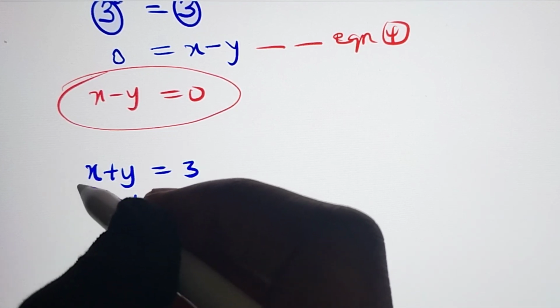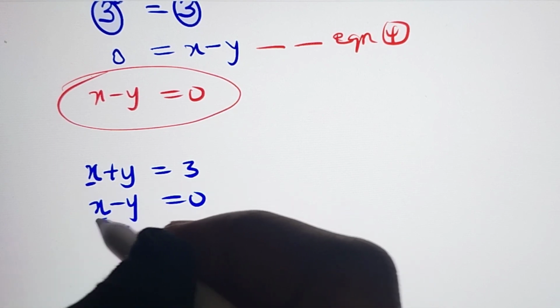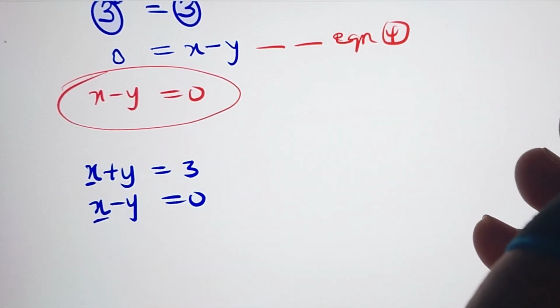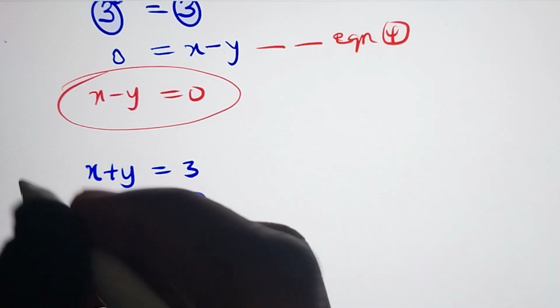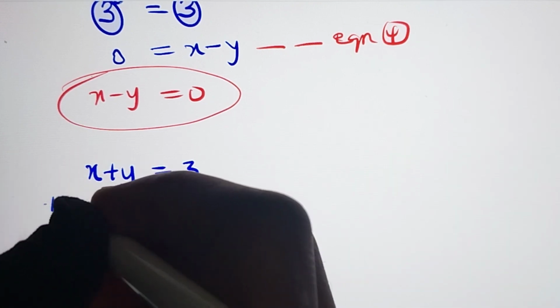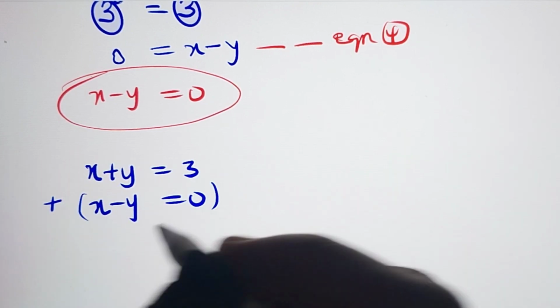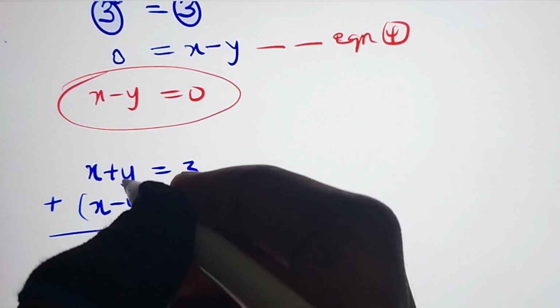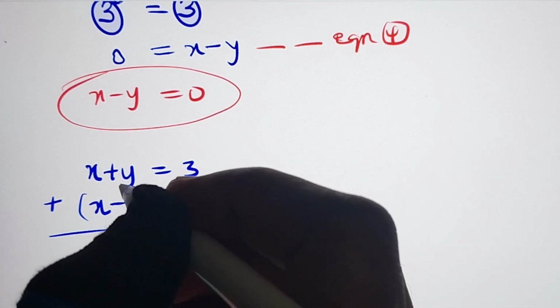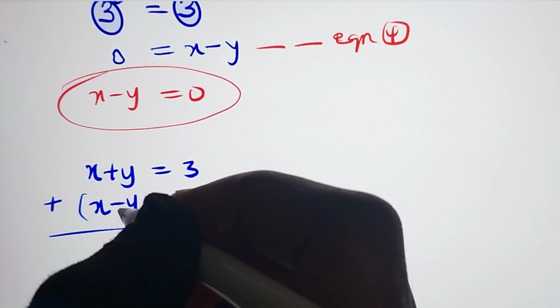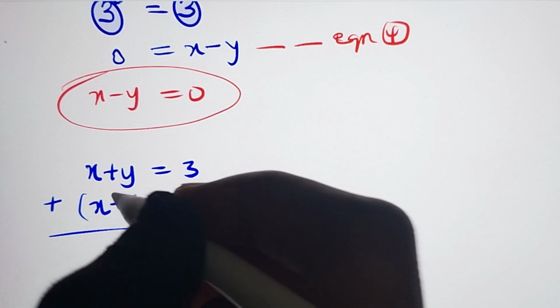Since I have x here and I also have x here, I'm just going to add up the two equations. So when I add this and this together, the y would simply cancel out because they have the same coefficients but different signs.